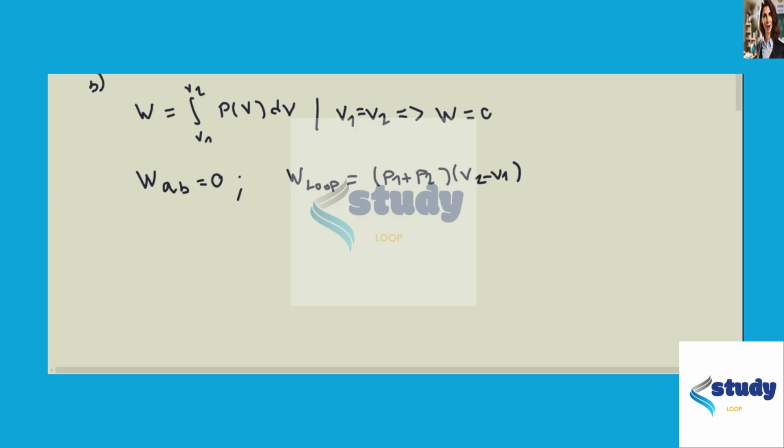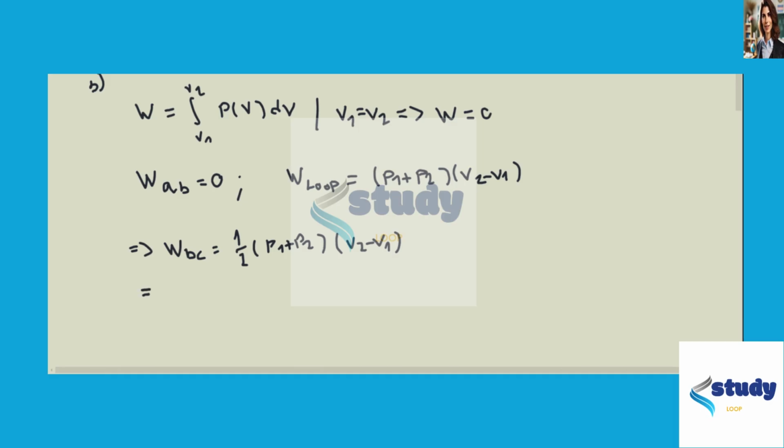Then, for 1/2 of the loop, which is work for BC, it will be 1/2 of (P1 plus P2) times (V2 minus V1). Why? Well, this is because this is just 1/2 of the thermodynamical state loop that we're observing here.